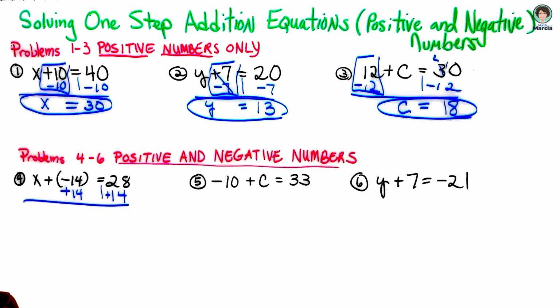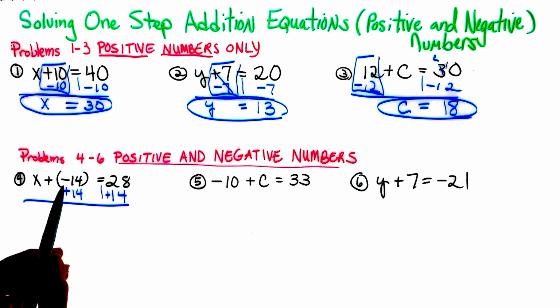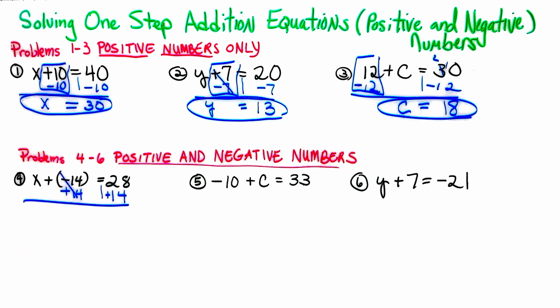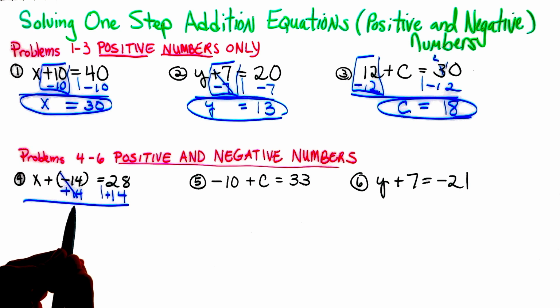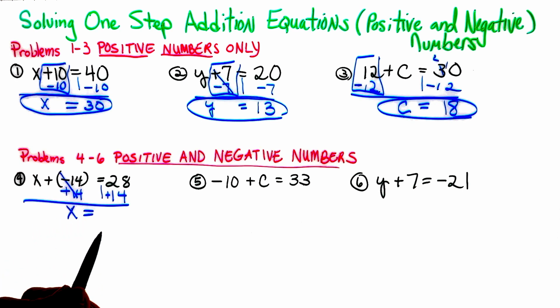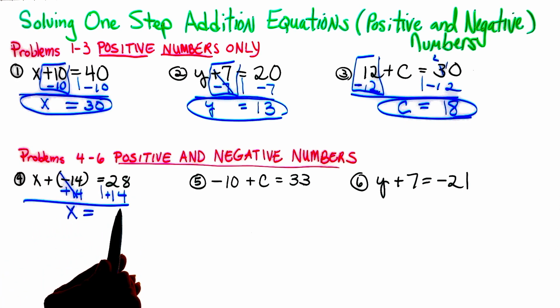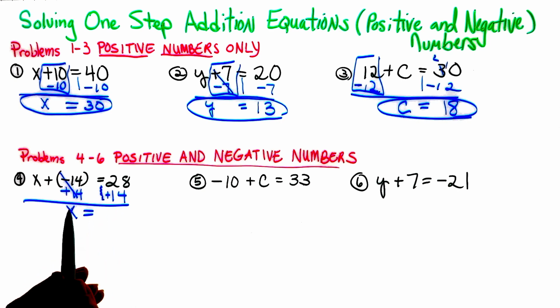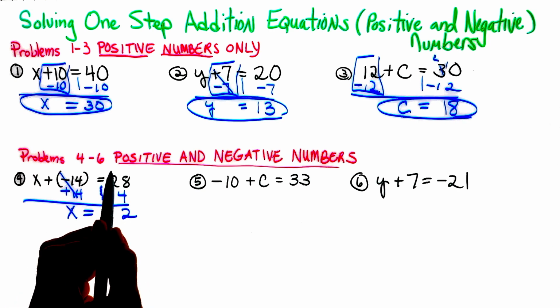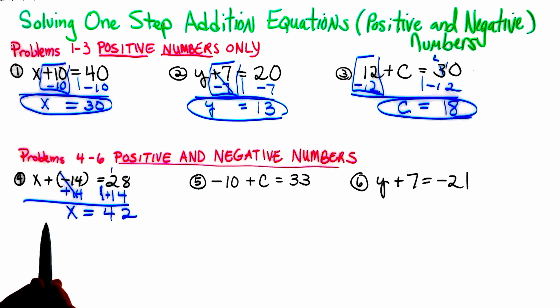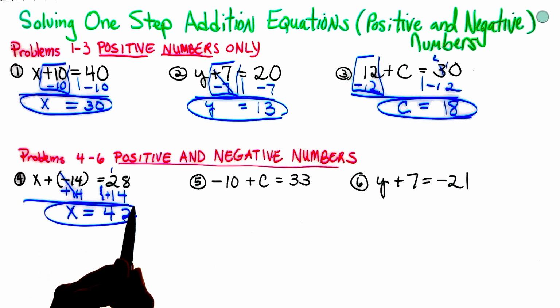We're adding it. And again, notice if you owe your parents $14, you pay them $14, that's gone. It's 0. So now we get x is equal to, and we're going to add 28 plus 14. This is just my dividing line. It's a 12, carry my 1. So x is equal to 42.